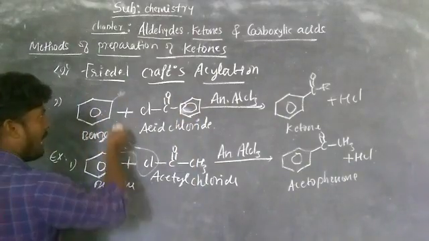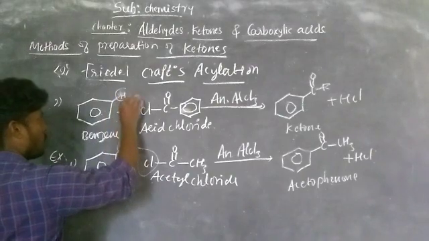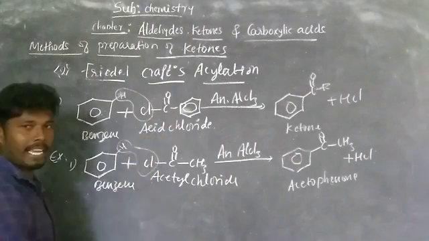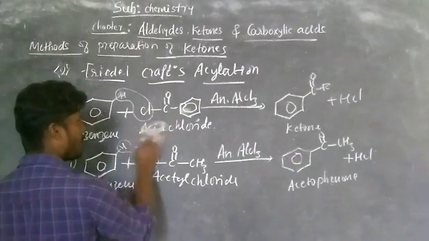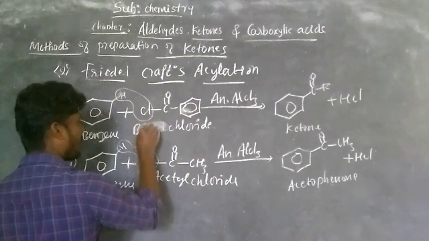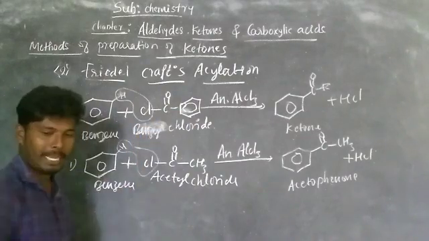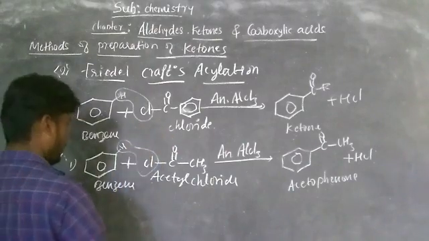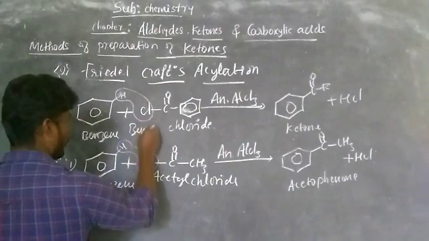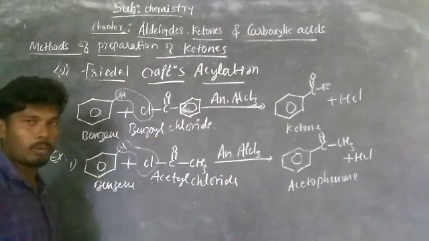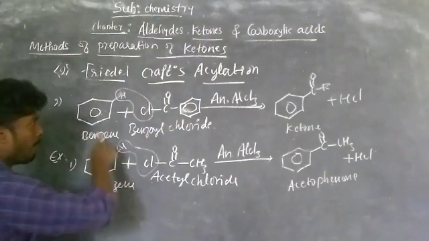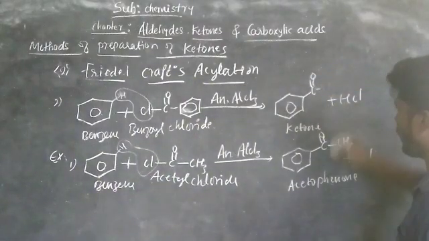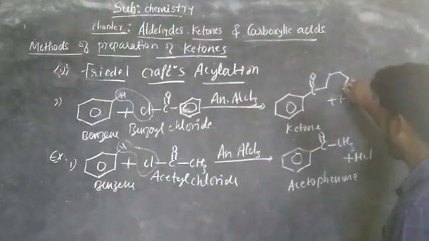So now what will happen here? There is hydrogen. This hydrogen and Cl become HCl. Now what is the name? Benzoyl chloride, the acid chloride with a benzene ring. So what we get here, just in place of R, is a benzene ring.